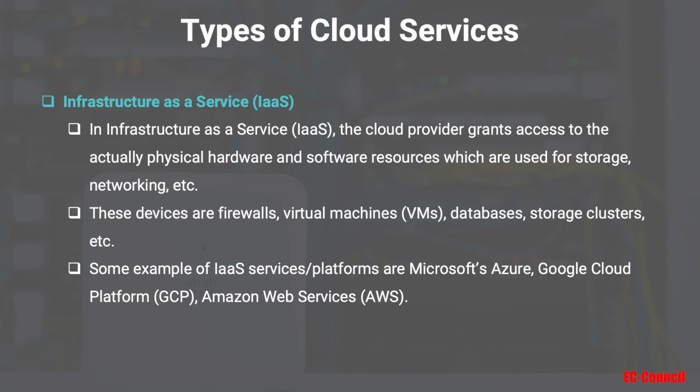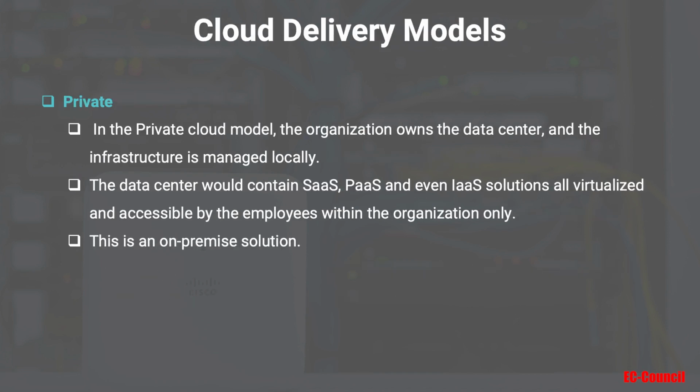Some examples of infrastructure as a service platforms are Microsoft Azure, Google Compute Engine, or Google Cloud Platform, GCP. There's Amazon's AWS services.